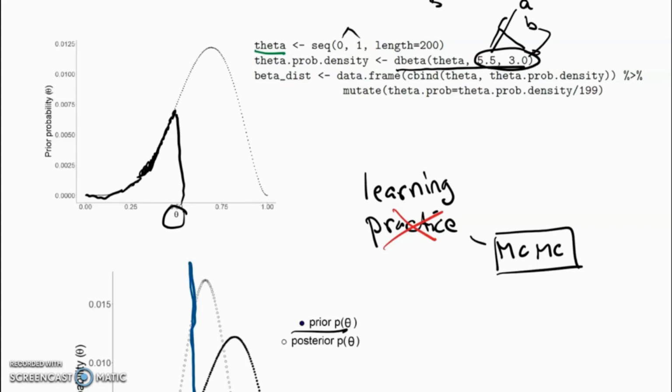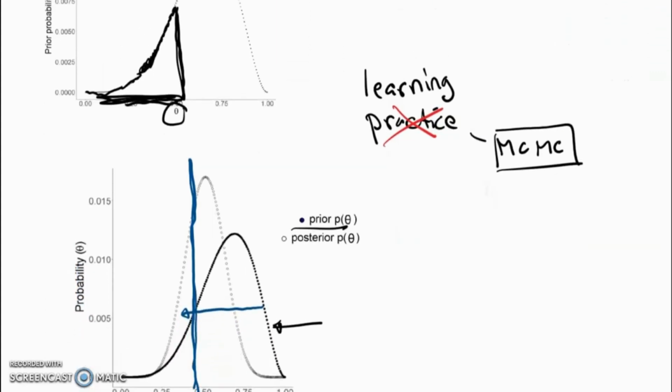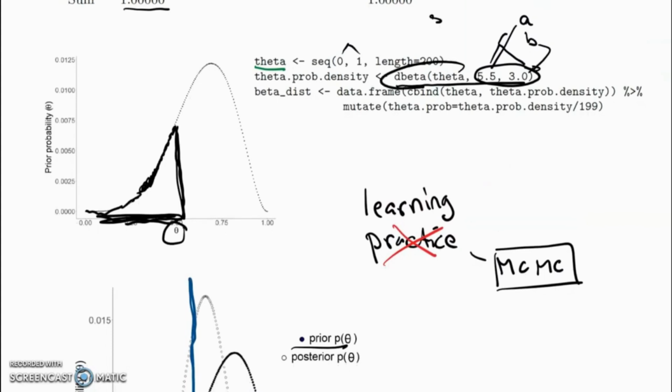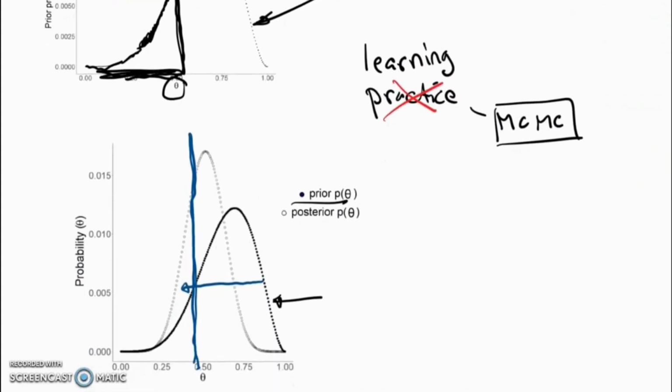And in my mind, I'm pretty sure that the probability of the proportion of the Earth covered by water being less than 0.5 is actually zero. There's no chance that less than 50% of the Earth is covered by water. So that's one of the downsides of using those functions to generate priors.